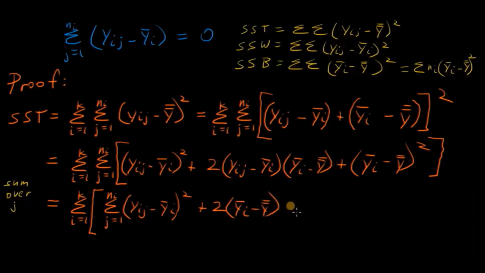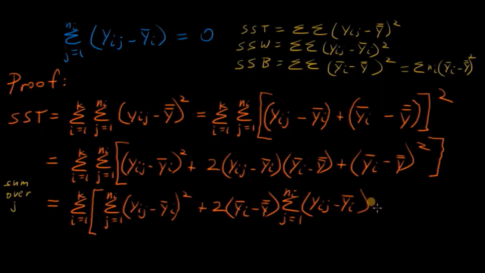And then we put the j summation in front of just the part that it's actually going to increment. Okay, so I took the j summation and distributed it to this term, and then the last term.